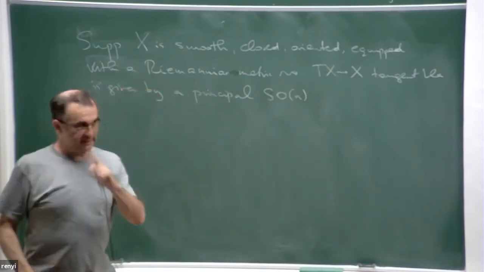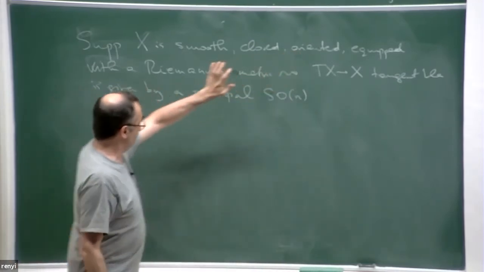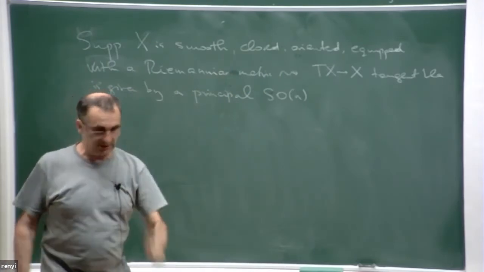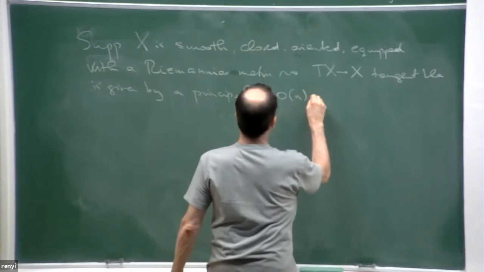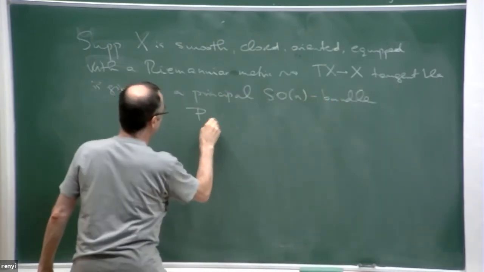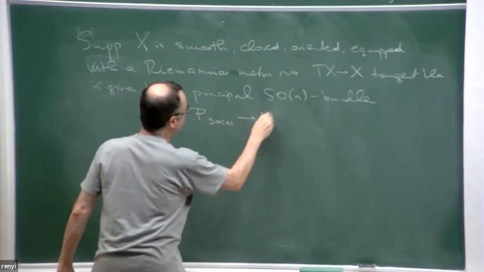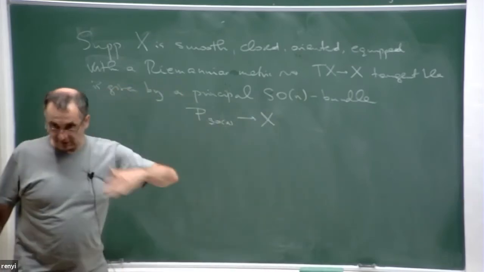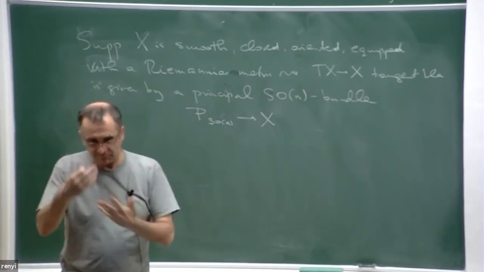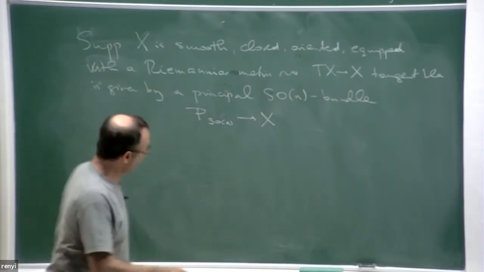It makes perfect sense now because of orientation and the metric to consider orthonormal bases which are positively oriented. Principal SON bundle, P_SON(X). So this is a principal bundle where the fibers look like SONs. They are not SONs because they are like affine SONs. And so here is the definition.